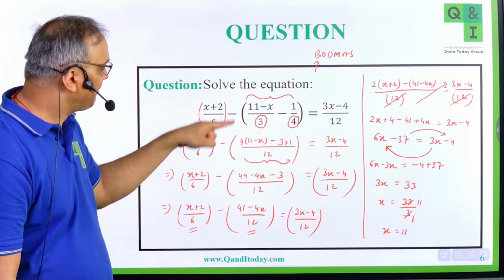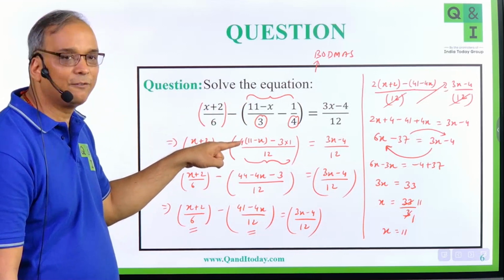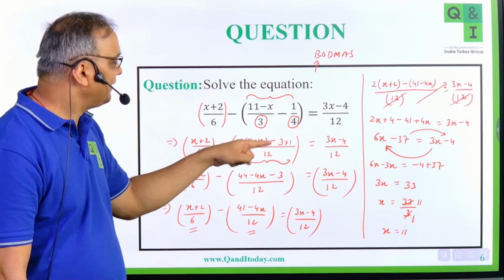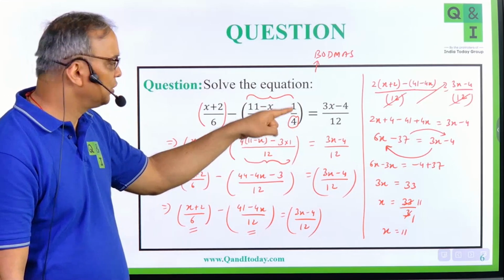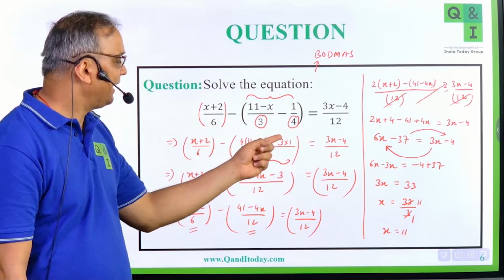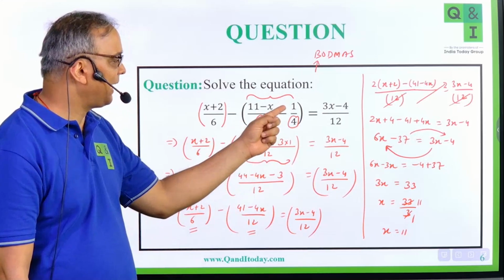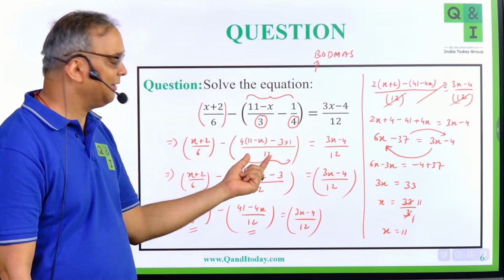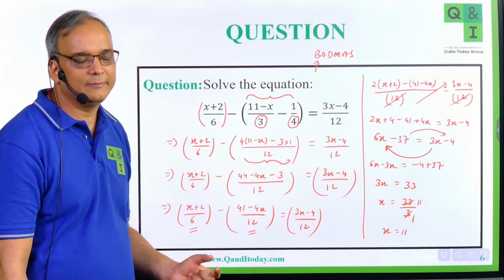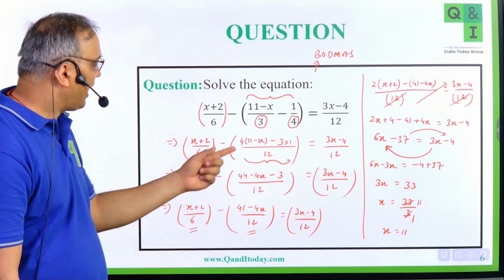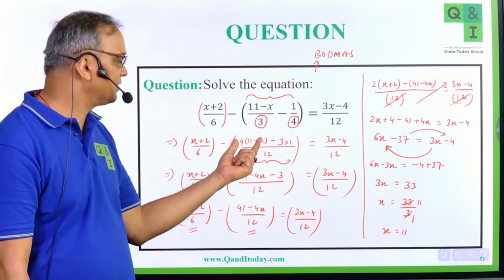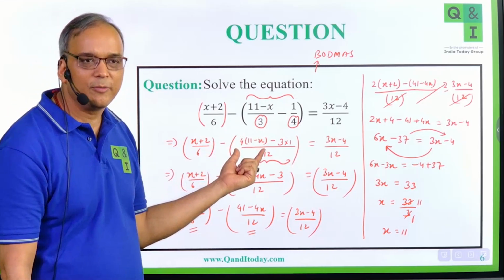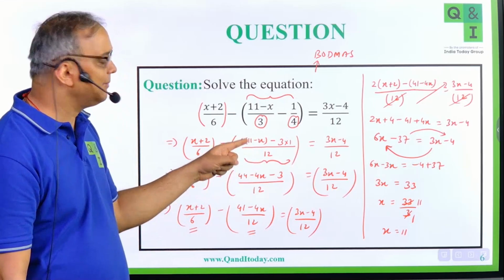So that's why we have multiplied 11 minus x by 4 here. And to get 12 in 1 by 4, we will have to multiply both numerator and denominator by 3. And that's what you can see. We are multiplying 3 into 1. And then we get common denominator as 12. So after this, when we solve this term, 4, I have taken it inside because I have applied a distributive property here. 4 times 11 minus x.